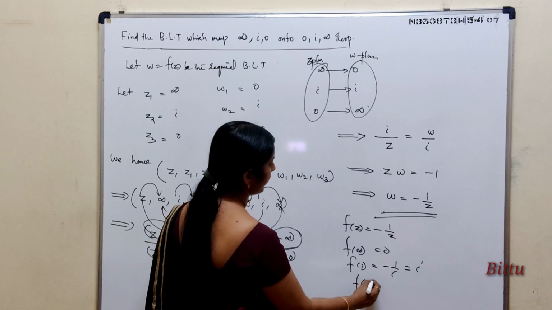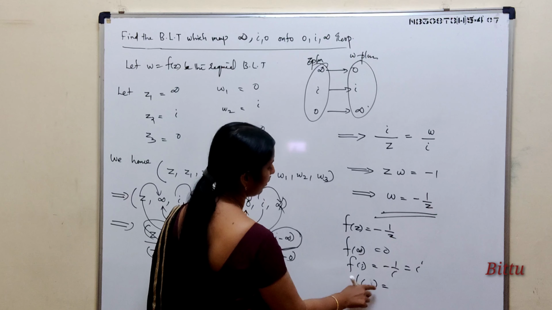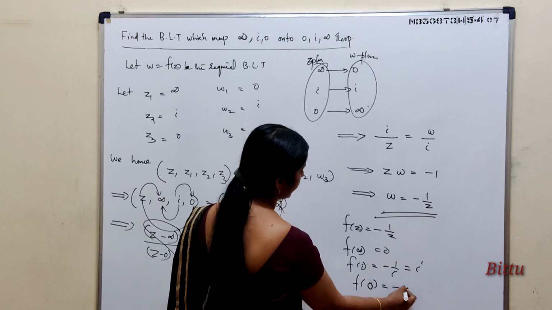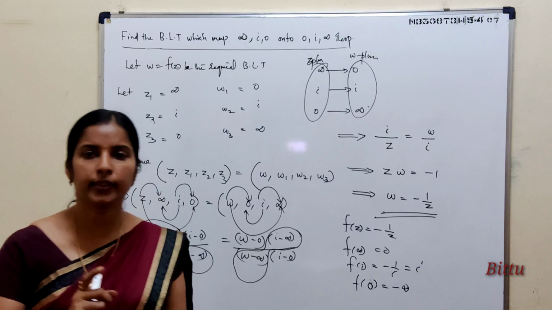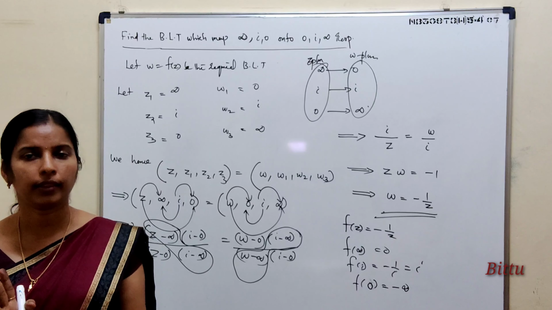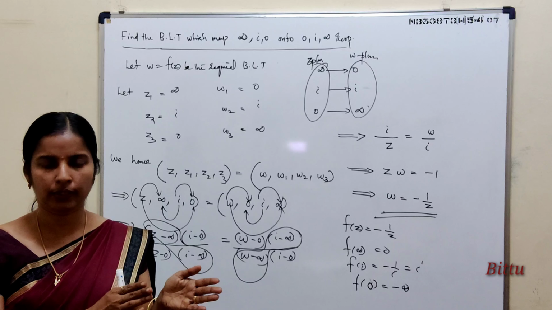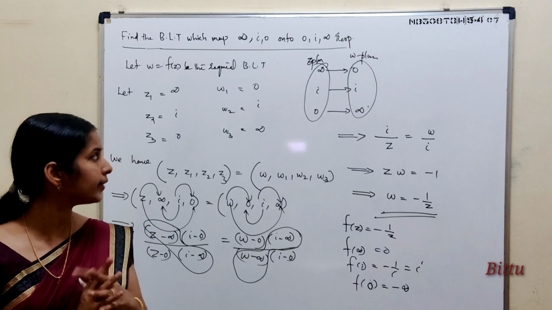What is f of 0? It is minus infinity. See, in complex plane, there is only one infinity. So this minus infinity is just infinity. In real axis, you can see plus infinity and minus infinity. But in complex plane, there is only one infinity. So you consider it as infinity.